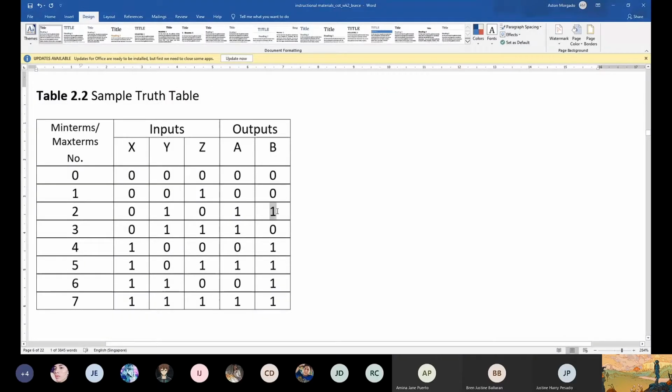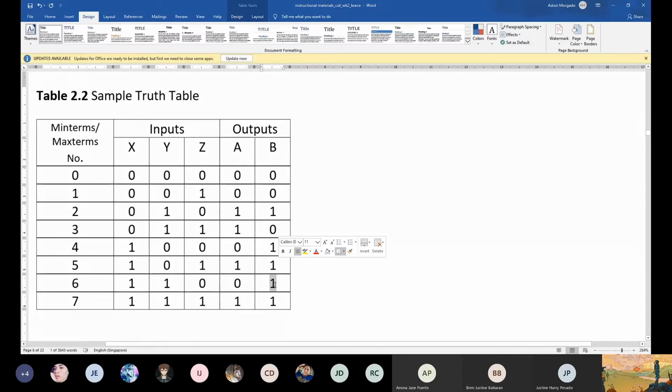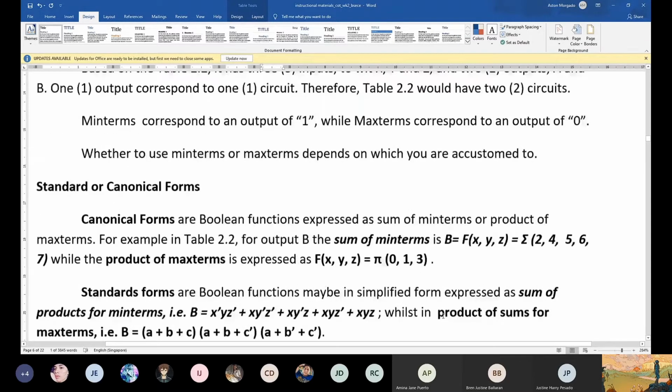So 2 has an output of 1 for B. 4, 5, 6, 7. So another way to express it, the minterms for B is equal to summation of 2, 4, 5, 6, 7.